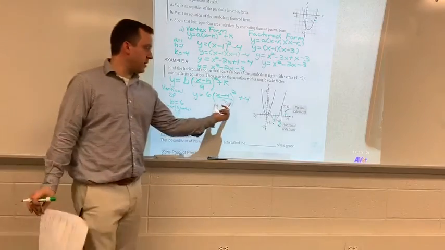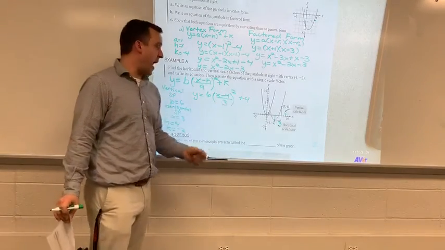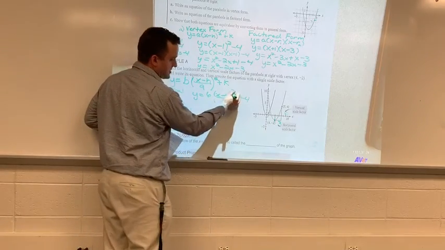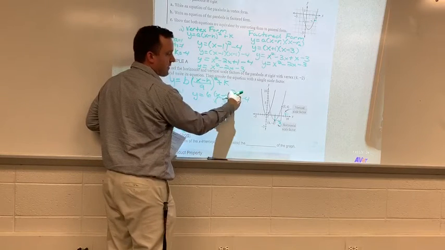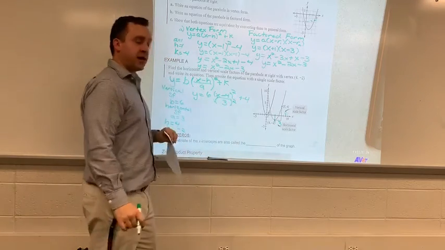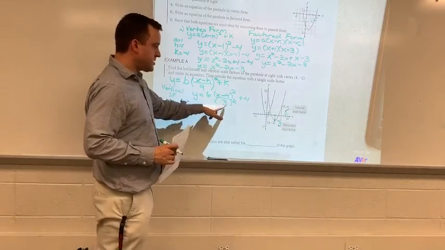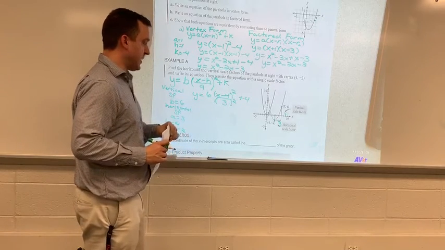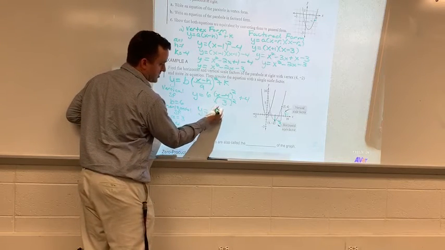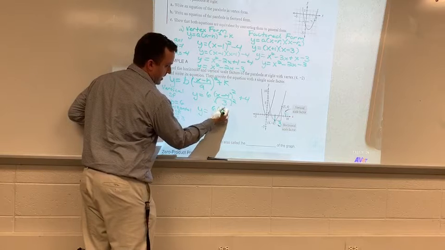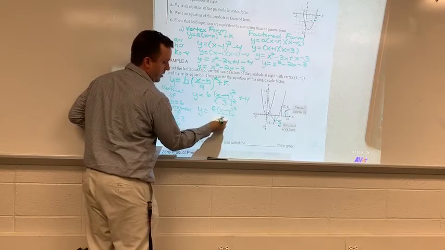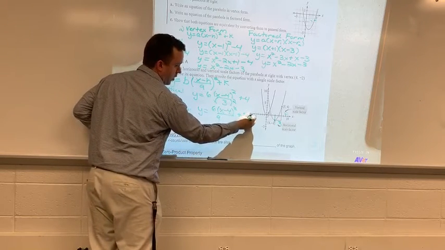Now, our goal here is to remove 3 on the bottom. So what I'm going to do here is get rid of my parentheses and put parentheses around both parts. Now, if I'm squaring the entire expression, I square the numerator and I square the denominator. So 3 squared gives me 9. So I have y equals 6 times x minus 4 squared over 3 squared is 9, and then plus 4.